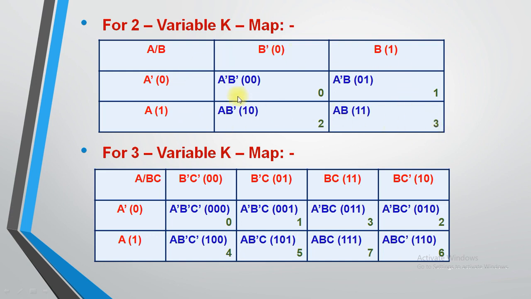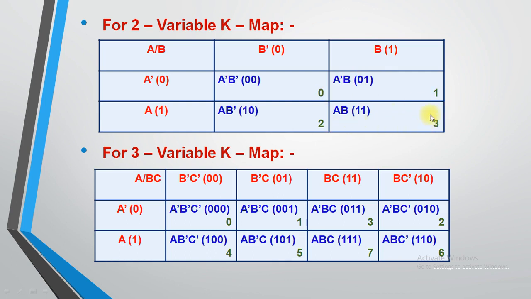Let us repeat this point once again. When there are 2 input variables in a truth table, there are 4 possible combinations. The first combination is 0 0, and it is represented in cell 0. In the first cell, the second combination is written, that is 0 1. After that, the values are 1 0 and 1 1. So 0 1 2 3.